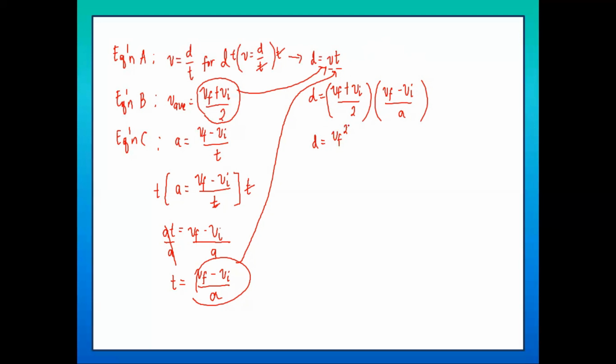Right? Then, positive v sub I multiply to negative v sub I, magiging negative v sub I squared over 2a. Kasi minultiply lang natin. Now, rearrange this for v sub f kasi we have to find out nga how final velocity depends on displacement. So, we have to rearrange this for v sub f.